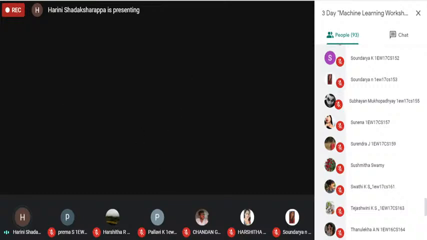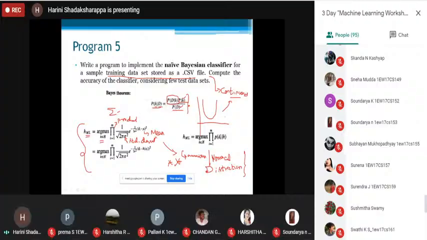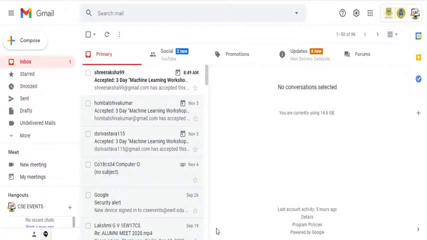This is how it looks. The bell-shaped curve gives the values of the data set with respect to the variance and the mean. So when to use this Gaussian or normal distribution? When you have continuous valued inputs. When you are dealing with continuous valued data, we will refer to this Gaussian distribution.